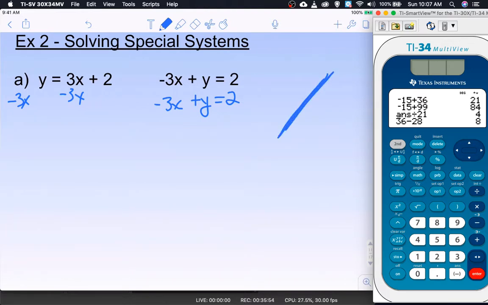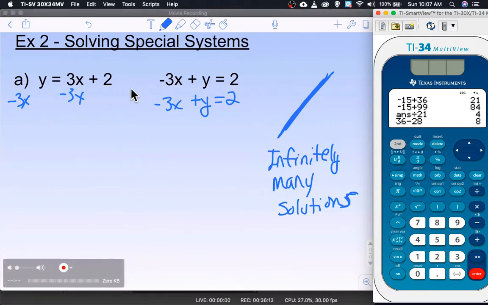It was the same line, and we had infinitely many solutions. This is the same. These two lines have infinitely many solutions.